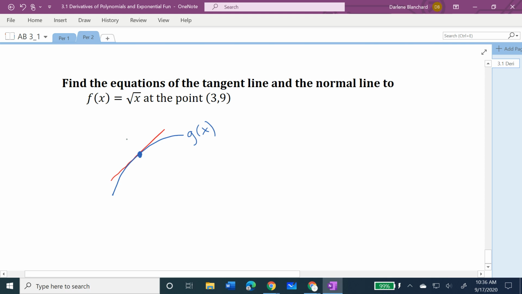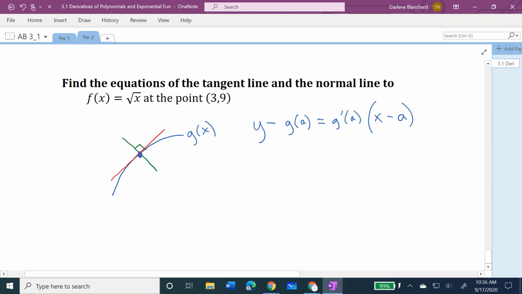So that means when you write the equation of a tangent line, it is y minus the y coordinate equal to the slope times x minus the x coordinate.